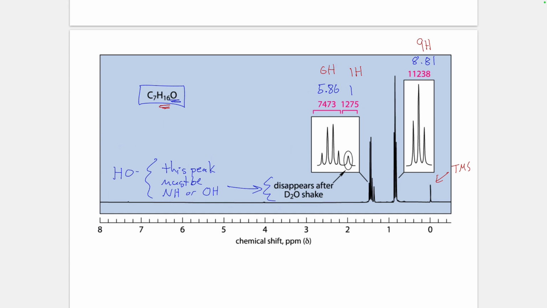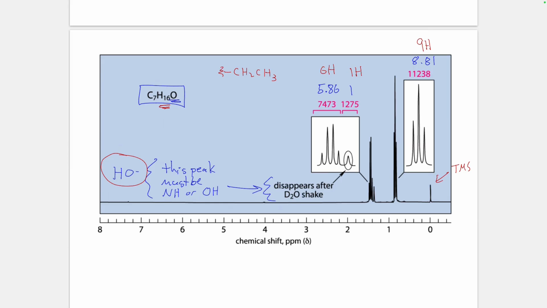It looks hopefully familiar: a quartet and a triplet in a 2-to-3 ratio. It's a 6-to-9 ratio, but that reduces to 2-to-3. So this is saying ethyl. The molecule has ethyl in it, CH2CH3, and it has OH in it.